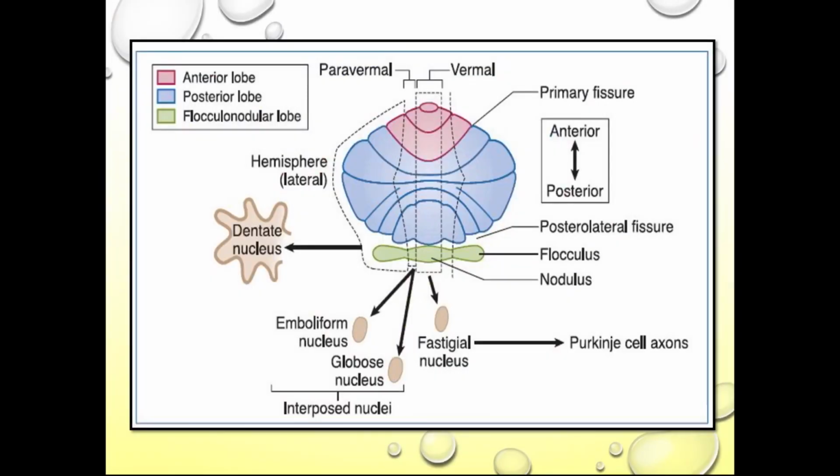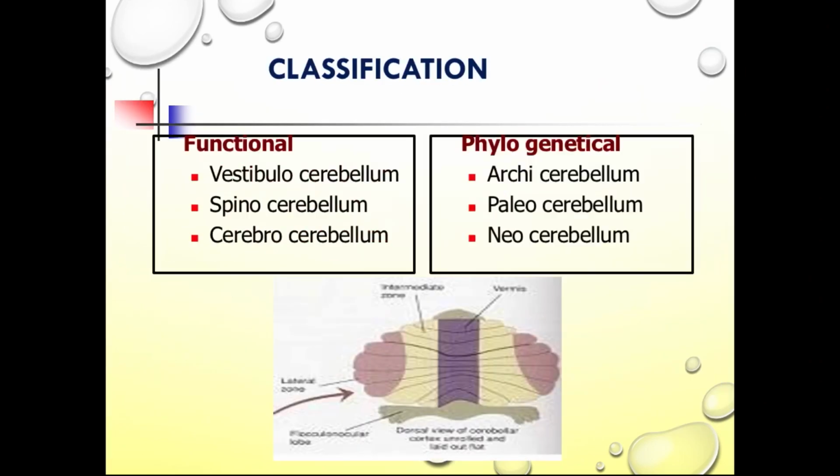This is the vermal part, and closer to it is the paravermal part, and the rest of the lateral hemisphere is for coordination, or planning and programming of the movement.